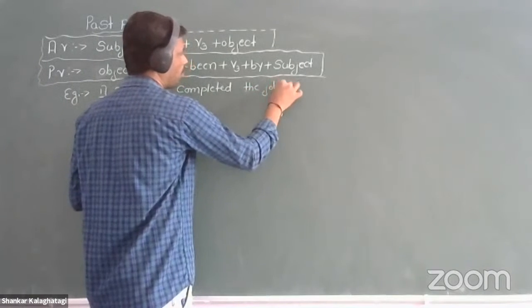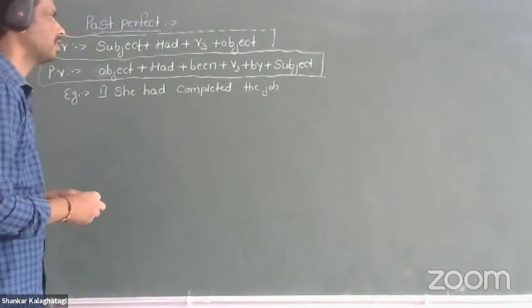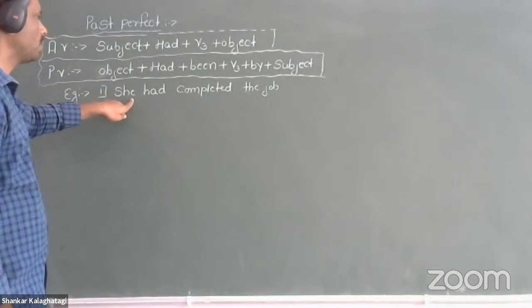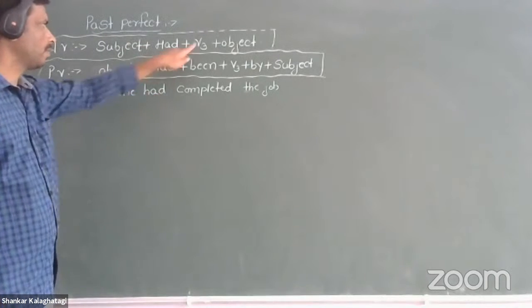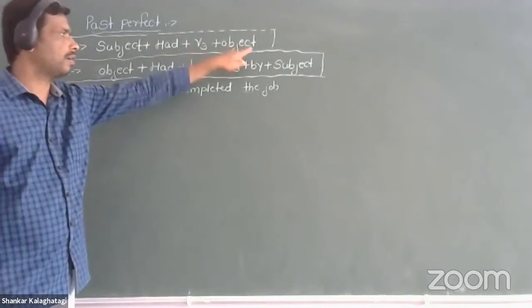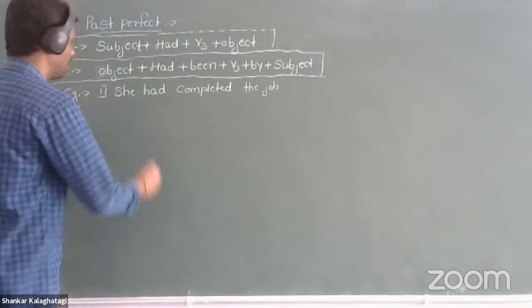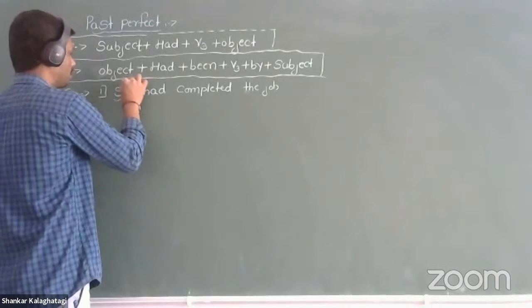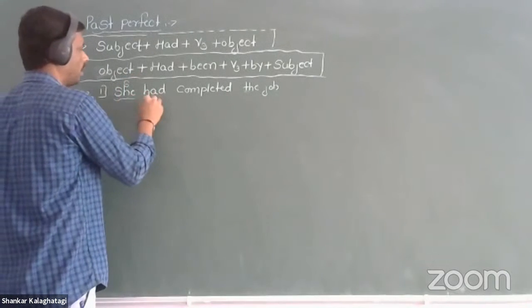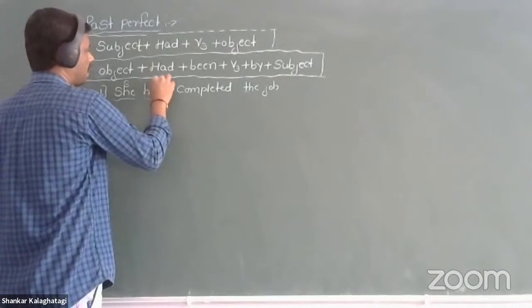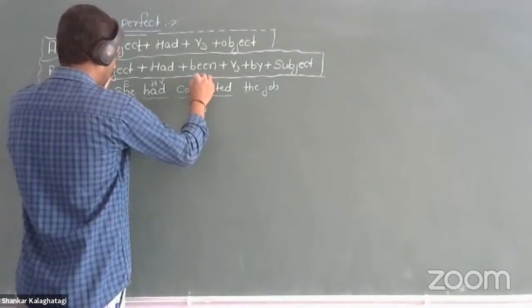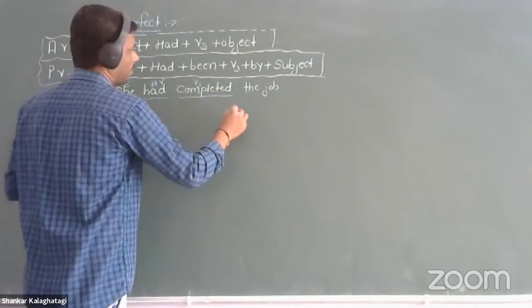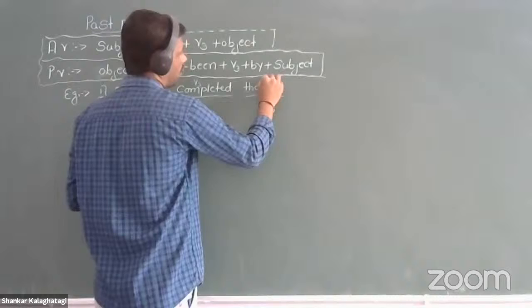That is the job or work we have given her that she completed. So now watch it. She is a subject. Now had is helping verb. V3 that is completed. Object is the job. Simple thing. So subject is she because she is the doer here. So helping verb is had. Completed, so what she has done? Completed. That is V3. The job is object.